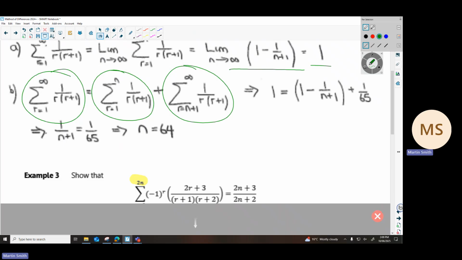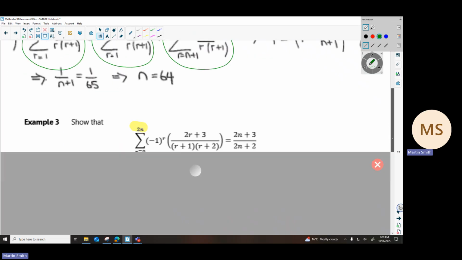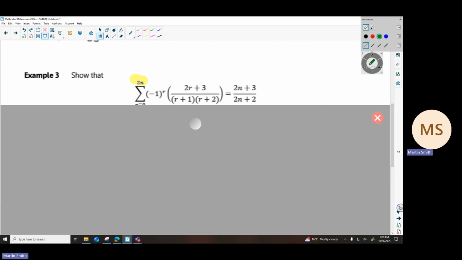Now, students, example 3. I'm just going to go through one more question, which is similar to what we've done previously, but a little bit different. The thing that makes this different is this factor of minus 1 to the r in front of the expression. Can I just draw your attention to what minus 1 to the r does. When r is 1, minus 1 to the 1 is equal to minus 1.